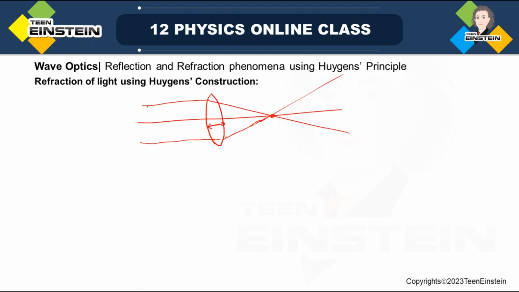So if I take a plane wavefront like this, it reaches here and then transmits through this lens. Each point on this wavefront will produce a spherical secondary wavelet like this, and these secondary wavelets will move and pass through here. So while passing through, look what happens.